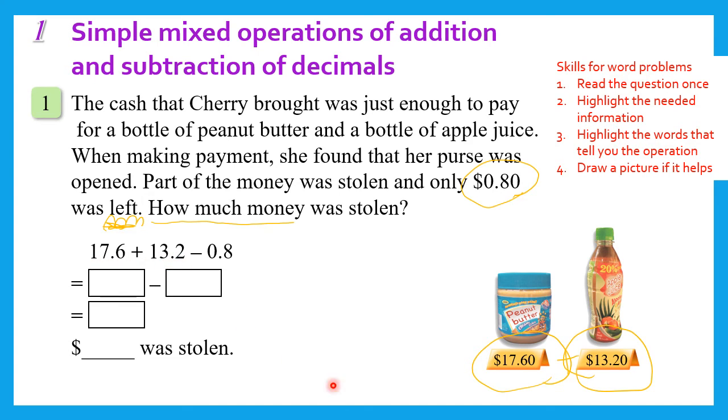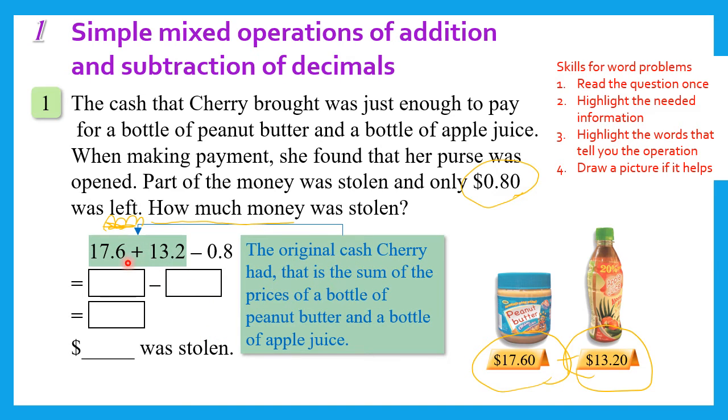Okay, and then you do the calculation one by one. These two added together is 30.8 minus 0.8, so it should be 30. So you have to write down this $30 was stolen.